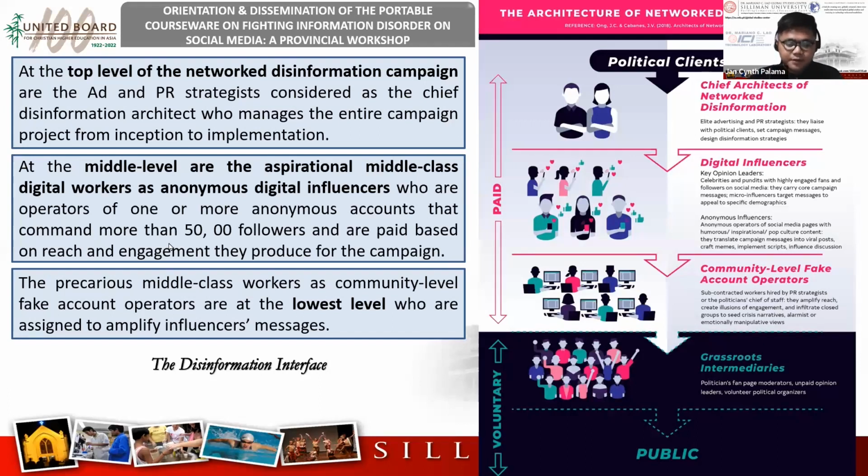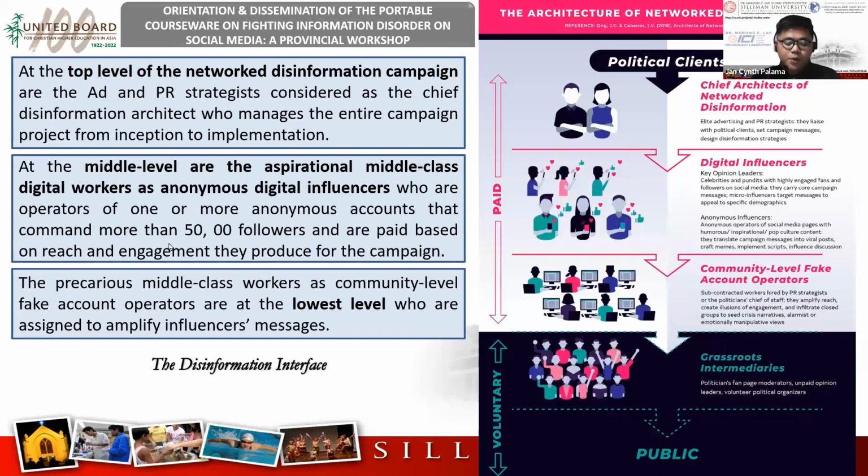The second level is the middle level, and they are aspirational middle class digital workers as anonymous digital influencers. In the middle level, we can see the work of our social media influencers. And who are these social media influencers?